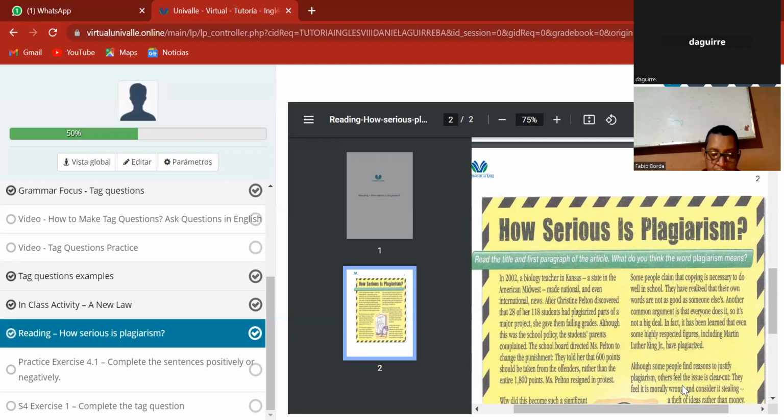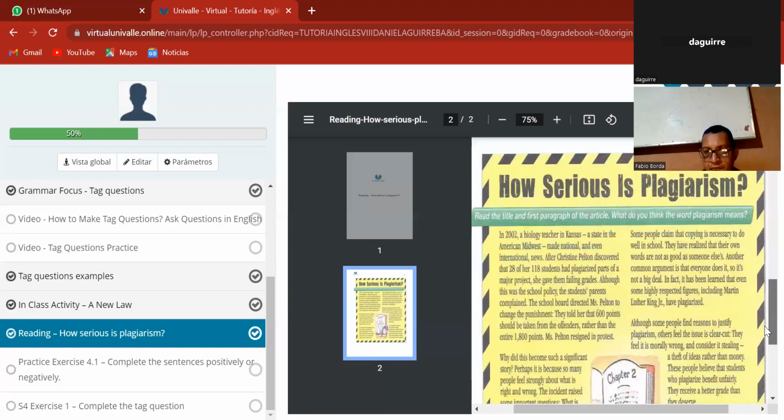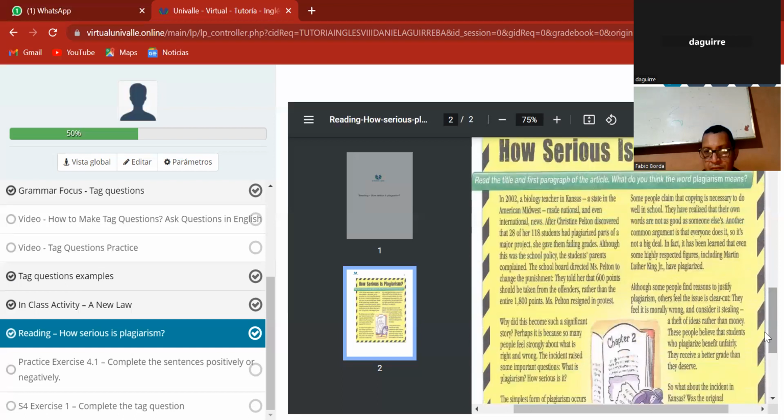Although this was the school policy, the students' parents complained. The school board directed Miss Pelton to change the punishment. They told her that 600 points should be taken from the offenders rather than the added 1,800 points. Miss Pelton resigned in protest.